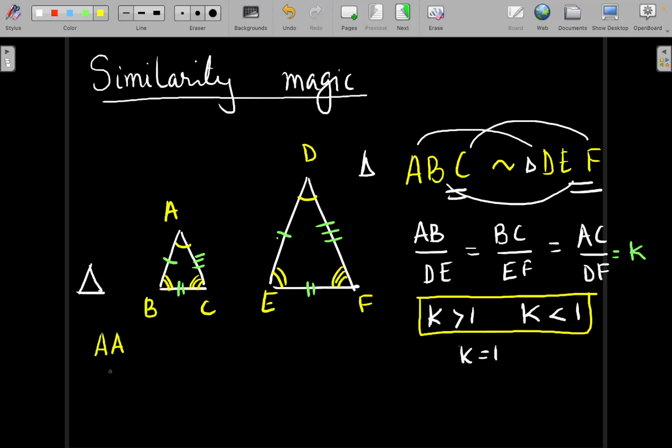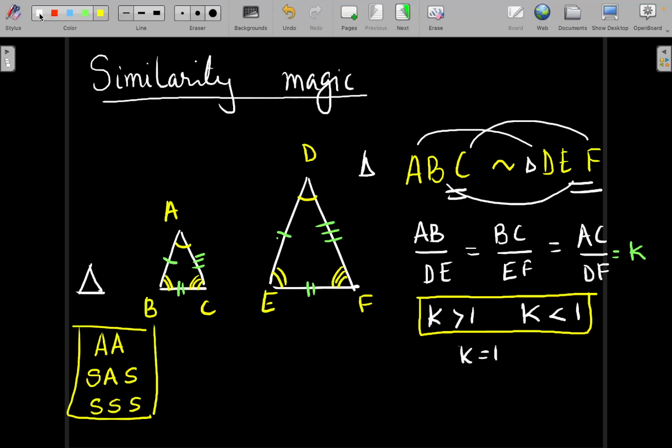AA: if two angles are equal, then the two triangles are similar. Then you have SAS, where two sides are proportional and the included angle is equal, or SSS, where the three sides are proportional to each other. These are the three criteria to decide that two triangles are similar.